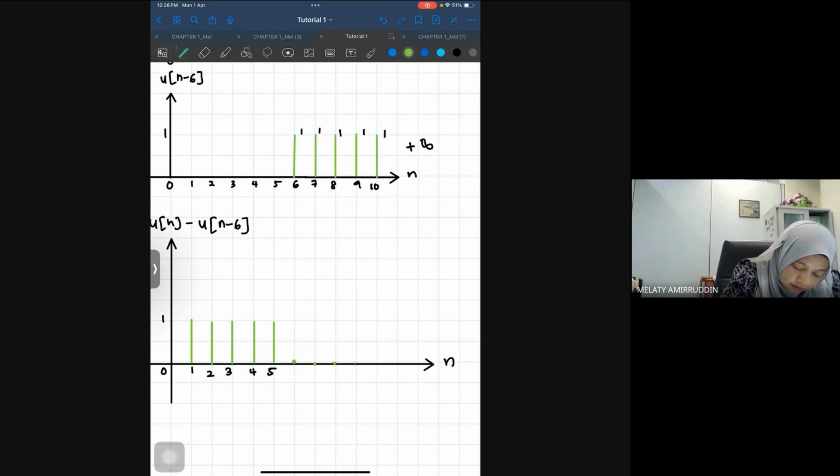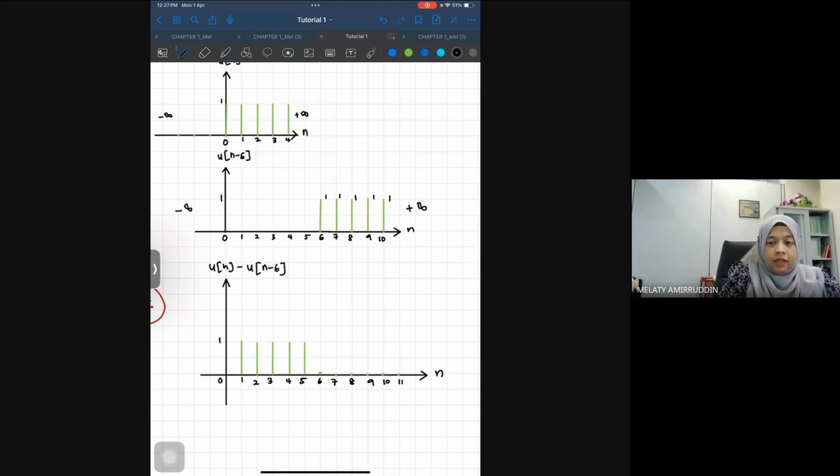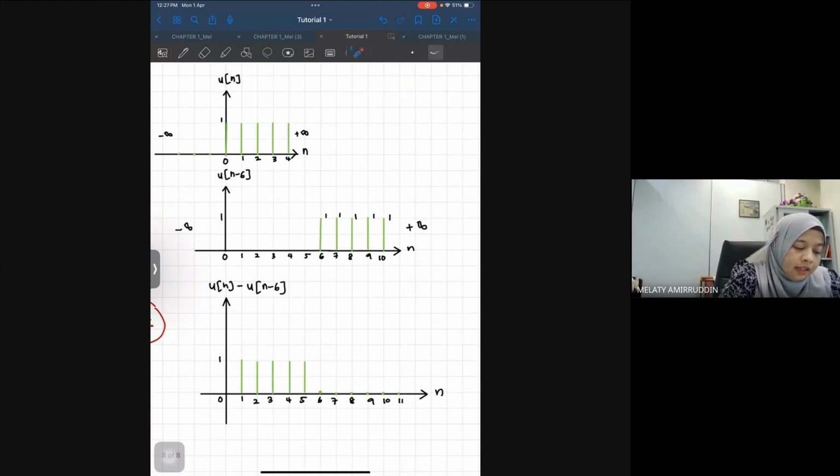Even if I draw it until number 4, you must know that it is actually until positive infinity. The amplitude continues until positive infinity.